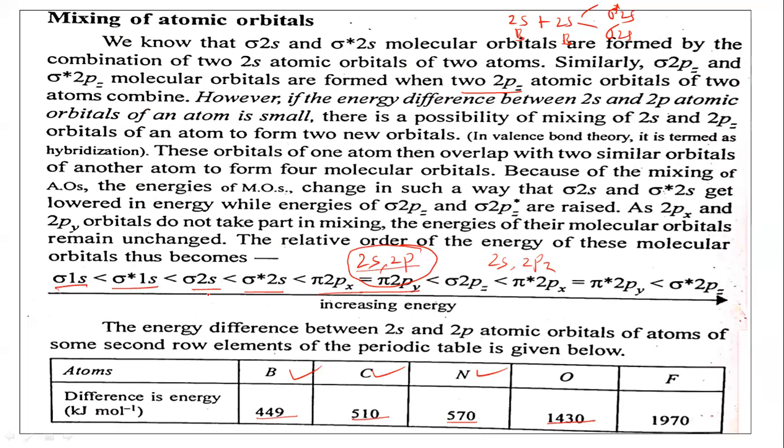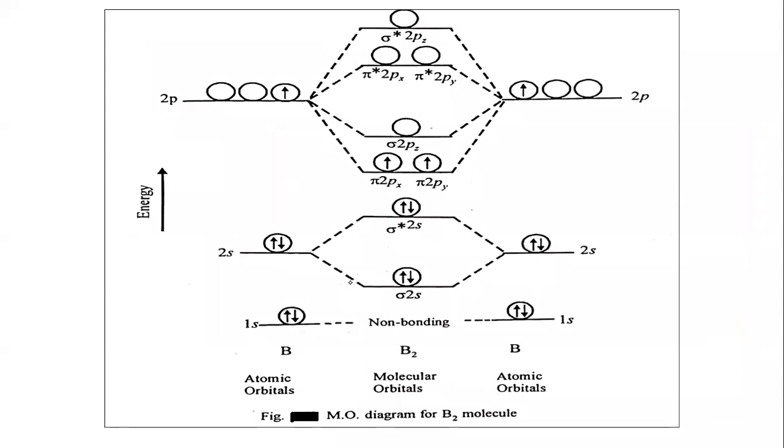So the energy level of these molecular orbitals gets lowered, and the energy level of the sigma 2pz and sigma star 2pz molecular orbitals rises, but the pi 2px and pi 2py do not change. So this is the new change, and I would like to show this new change in the molecular orbital diagram of these molecules. So let us see first the molecular orbital diagram of the boron molecule.